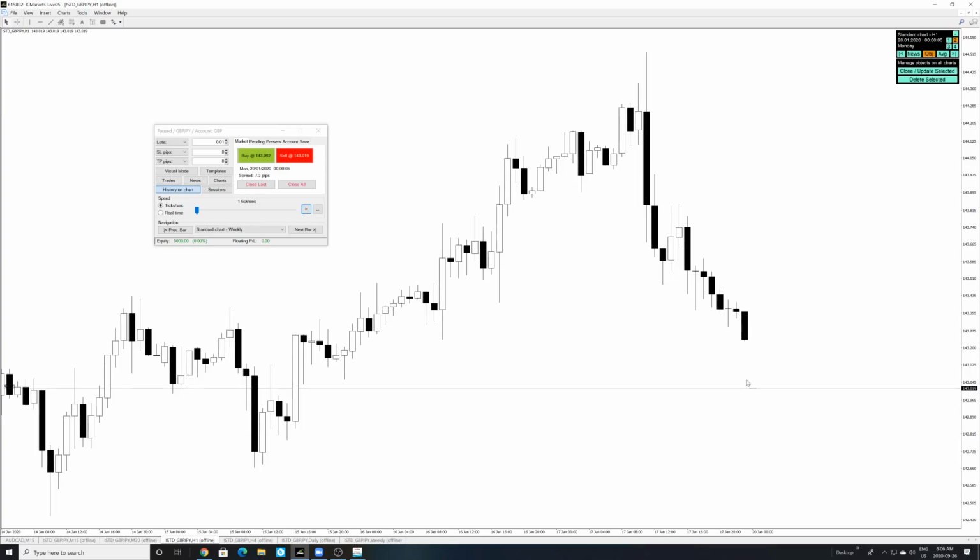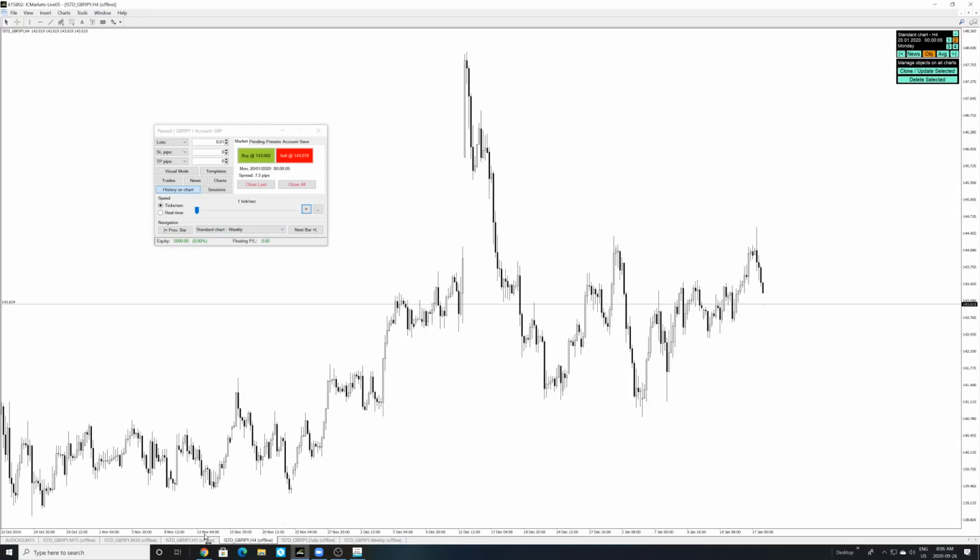This gap happens behind the scenes when the broker is closed. So when the market opens, the broker gets the first price. Let's say the price is 143.019, and they say, okay, that's what we're going to display to you, because we didn't get the prices in between from the market, right? That's why gaps happen.